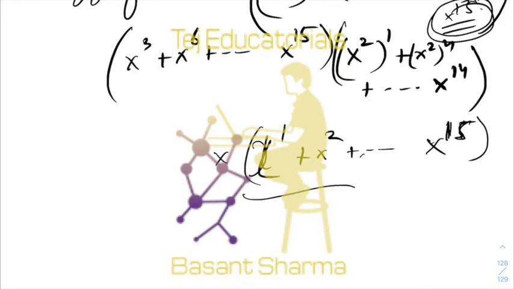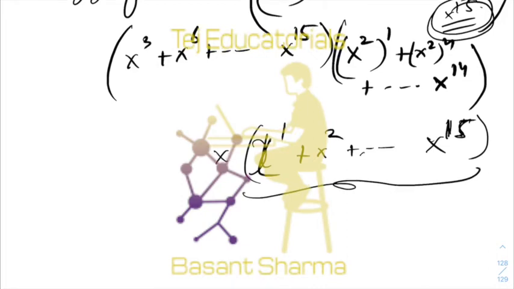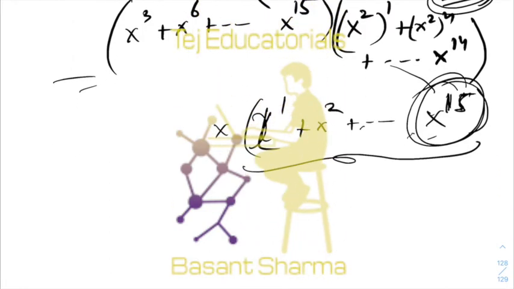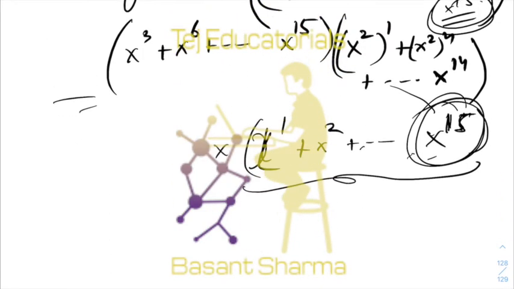But even if you take it till x to the power 15, it does not matter, because that power will be rejected anyways when you take the coefficient of x to the power 15 in this, because when multiplied by any of the other terms, it will give you more than x to the power 15. So these terms are actually not relevant. Okay, so you can verify for yourself also, and it does not matter even if you extend it till x to the power 15.